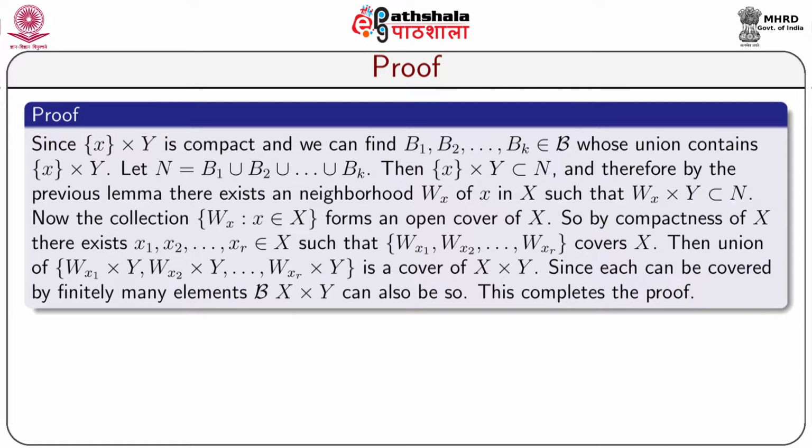Since each can be covered by finitely many elements of script B, X Cartesian product Y can also be covered by finitely many elements of script B. Hence, X Cartesian product Y is compact. This completes the proof.